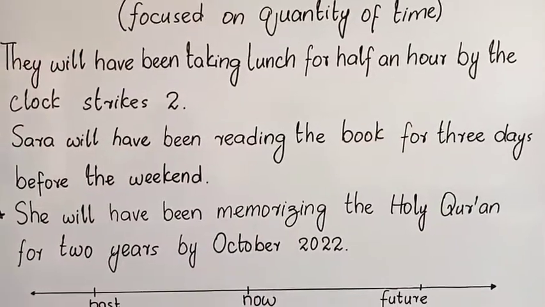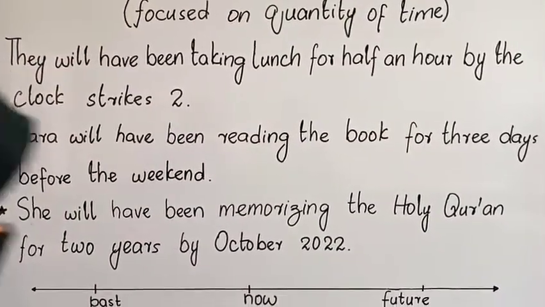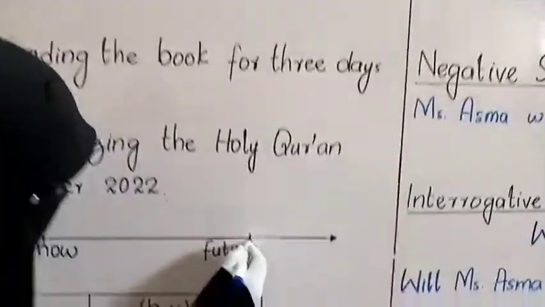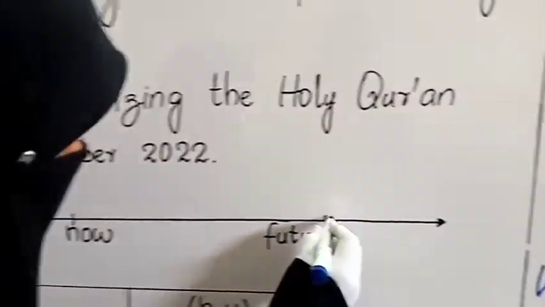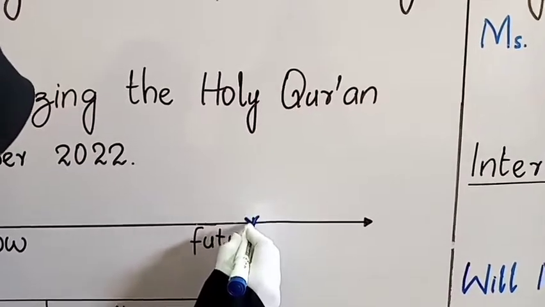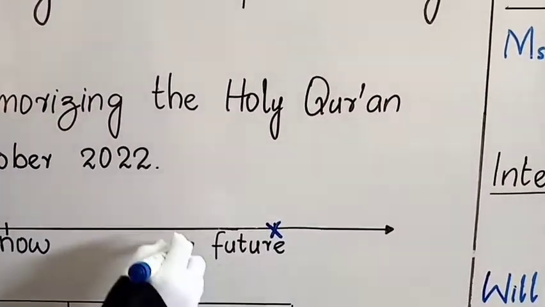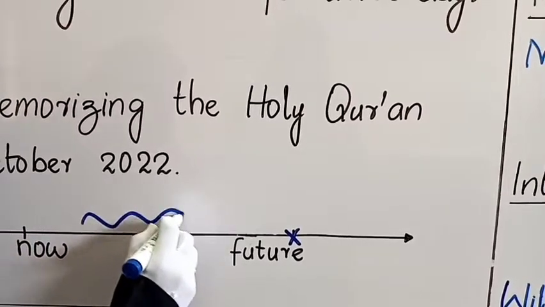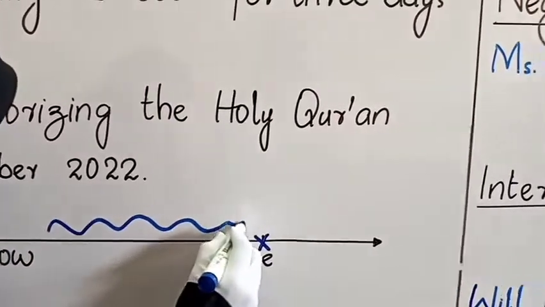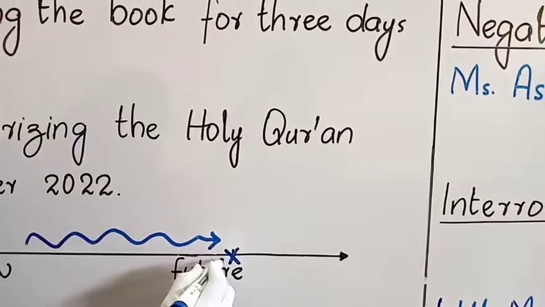So come to the timeline. Suppose at this time in future, the clock strikes 2. And before this time, some action will be in progress and completed before this time.